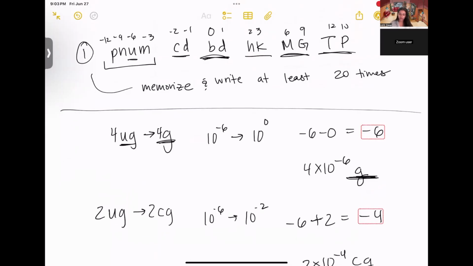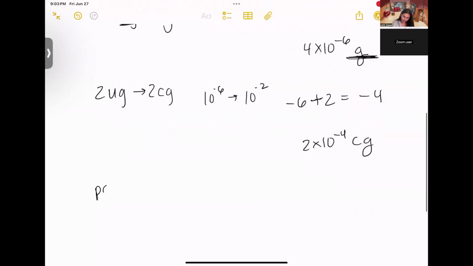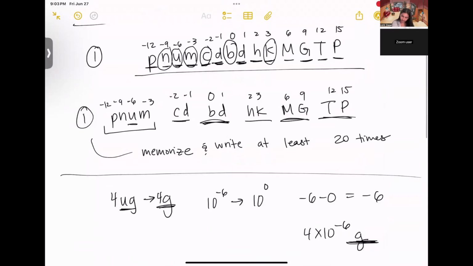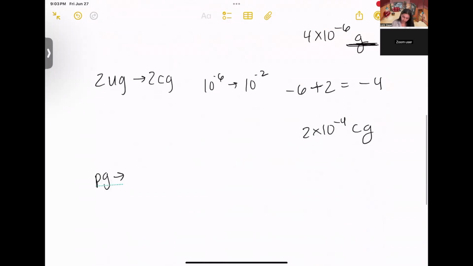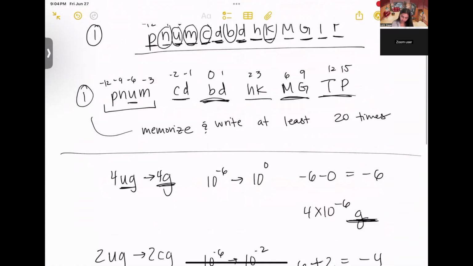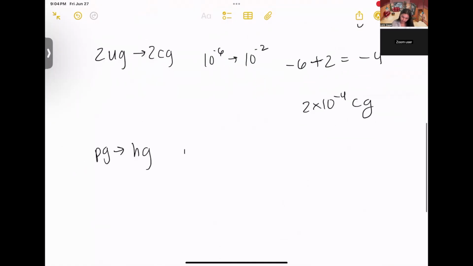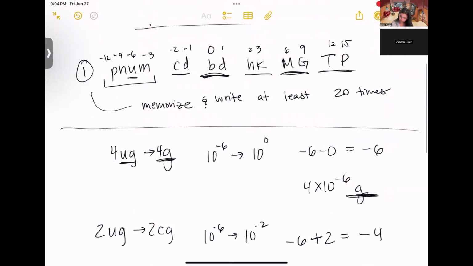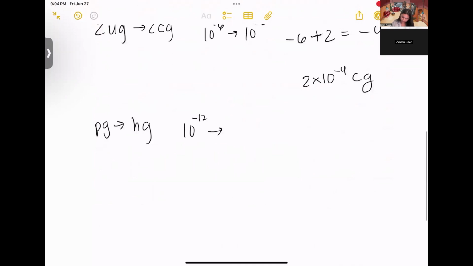We can do it the other way too, or we can even jump. So let's do picograms to, okay, H grams, hectograms. So pico is 10 to the -12, to hecto is 2.